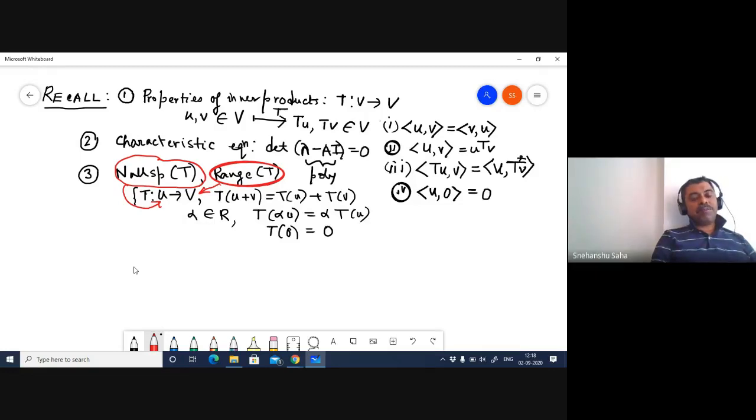And therefore, if both U and V are finite dimensional vector spaces, the dimension of the null space of T would be less than or equal to the dimension of U, and the dimension of the range of T would be less than or equal to the dimension of V. Also, any subspace of a vector space by default contains the zero vector. It has to have.